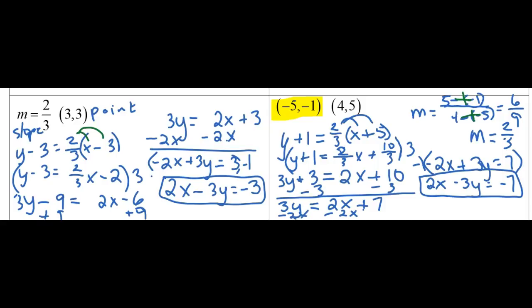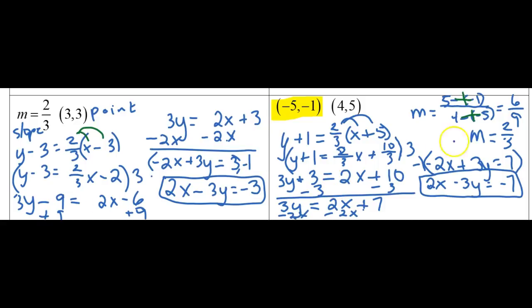So I ended up with 3y plus 3 equals 2x plus 10, since those 3's canceled off the 3's on the bottom. Then I subtracted my 3 to collect my constants on the right side. Then I subtracted my 2x to the left side in order to get into standard form, which left my a term to be negative, so I multiplied everything by negative 1 in order to get my final answer in standard form as 2x minus 3y equals negative 7.